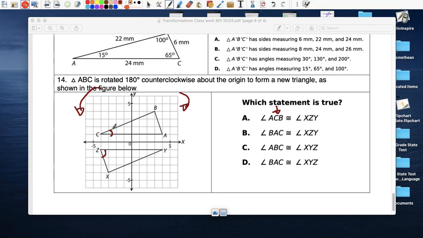No, because this angle here actually is this angle. But that's not true. Angle BAC, we're talking about this angle, is congruent to angle XZY. X, the middle letter Z. Are these two angles the same? Yes, they are.